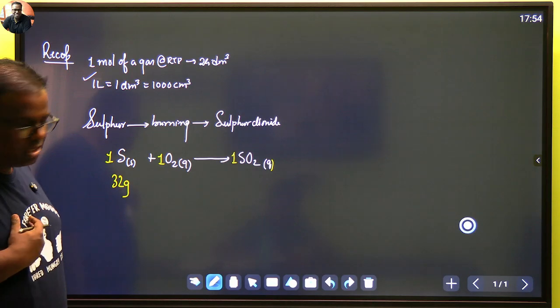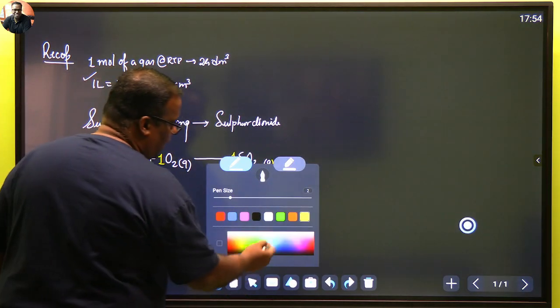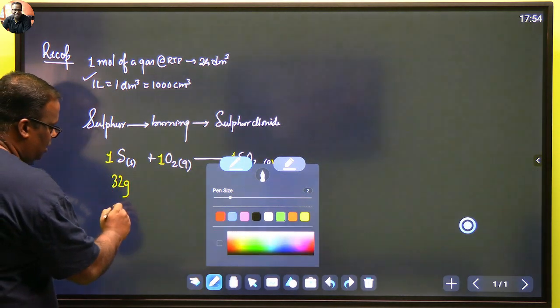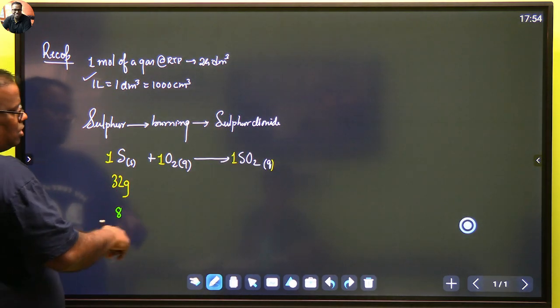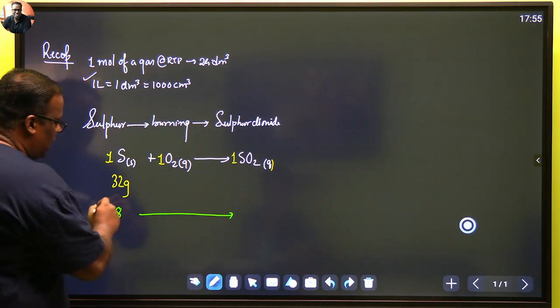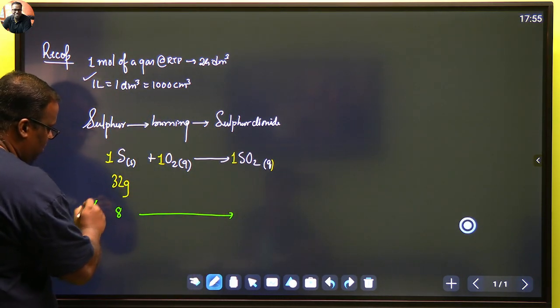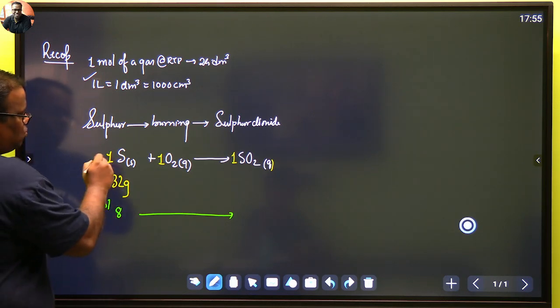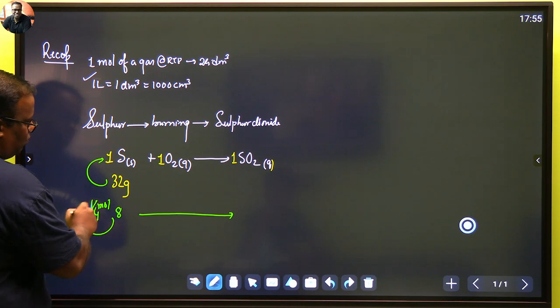How much is in our problem? How much sulfur is being reacted? 8 grams. So 8 grams is how much of 32? 1/4. So 8 grams means how much of a mole? 1/4 mole. 32 grams is 1 mole, so 8 grams is 1/4 mole.